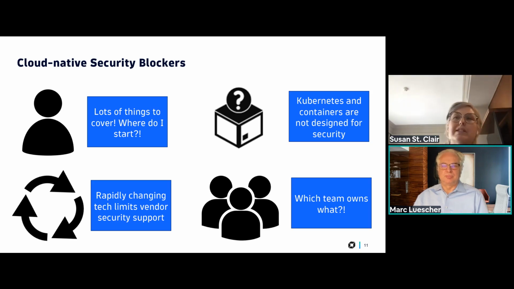So again, just keeping up to date, and your security tooling in general needs to support whatever the latest, greatest whiz bang object might be. So again, all things that potentially were there already outside of cloud native, but the acceleration, the risk, has just gotten that much more as we move to the cloud.